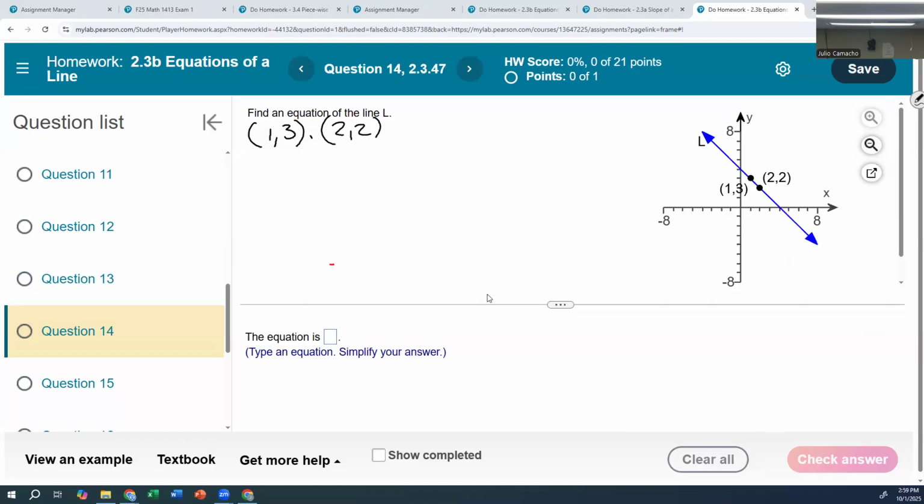And first of all, you need to use the slope formula to find the slope. It is y2 minus y1 over x2 minus x1.